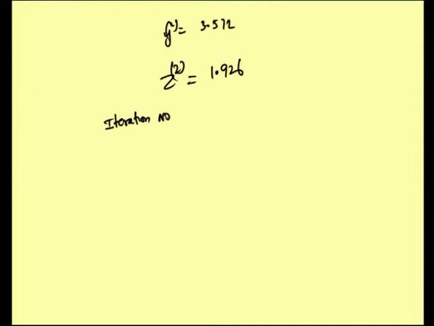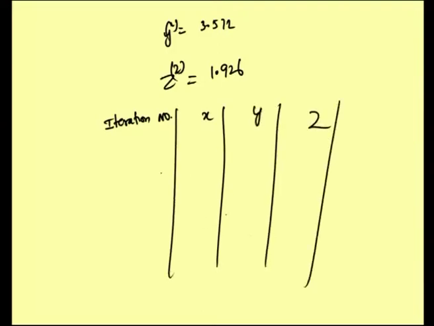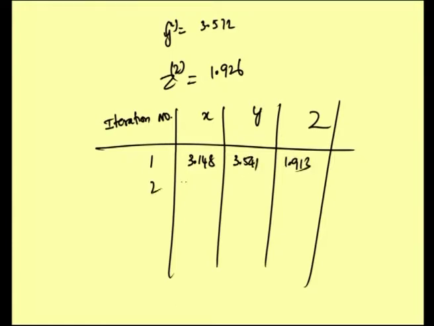Okay. And the table has iteration number, x values, y values and z values. Iteration 1 gives you 3.148, 3.541, 1.913, like that you have to tabulate the values, and iteration 2 values are 2.432, 3.572, 1.926.